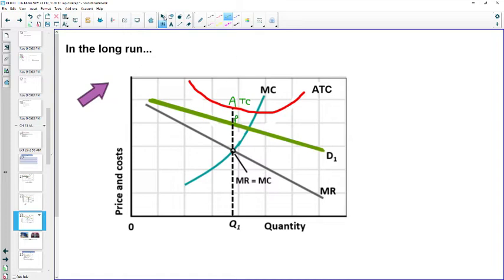Well, this is a situation that can't last forever. You can't lose money all the time. Someone's going to leave the business, and when they do, demand will rise for everybody else, again, until it just touches the average total cost curve. Similar to, but not identical to, the long-run adjustment process in pure competition.